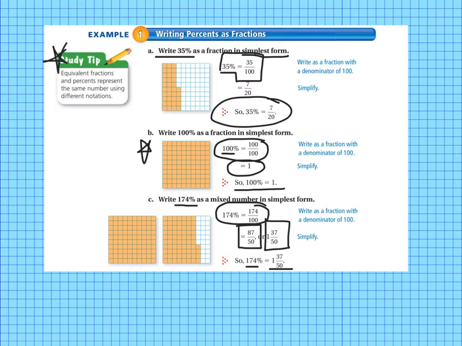Another way to do this is to look at it and go back to here and say, well, I know that the 100% of this is 1, so I'm just going to put that off to the side, and then just deal with the 74%, and do 74 over 100 and divide the top and the bottom by 2. 74 divided by 2 is 37. 100 divided by 2 is 50.